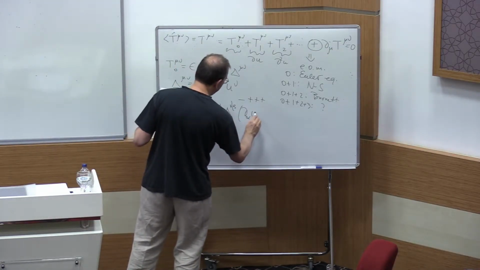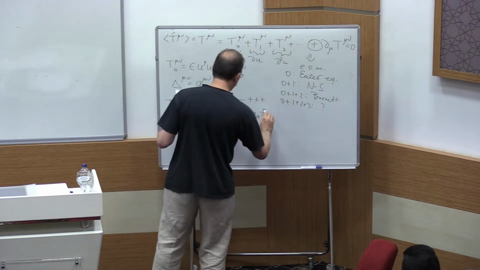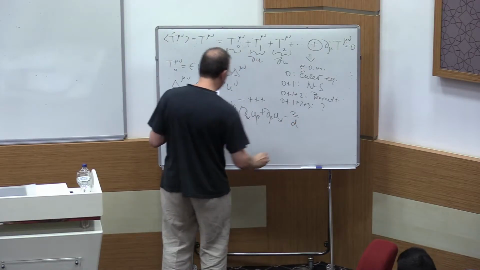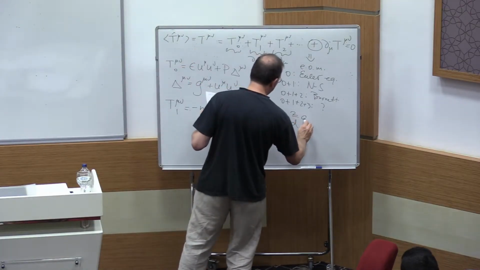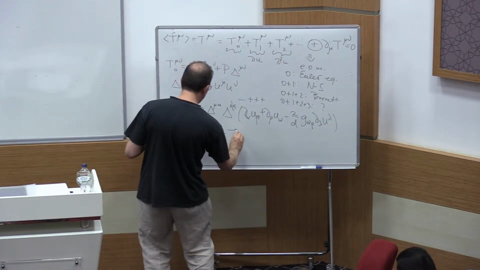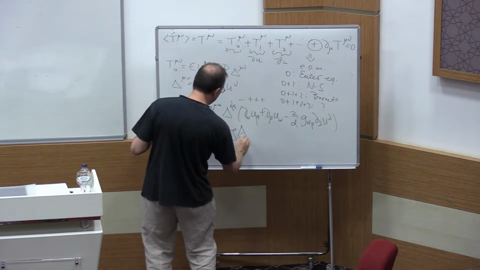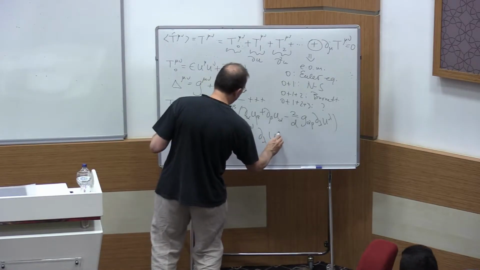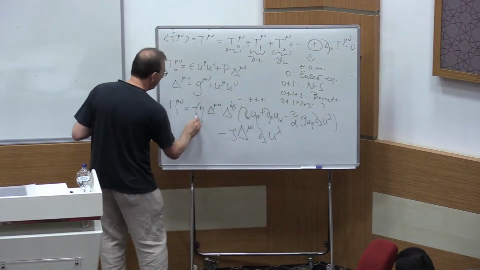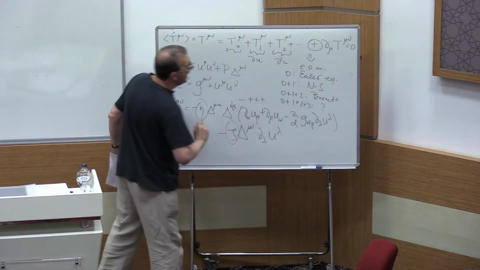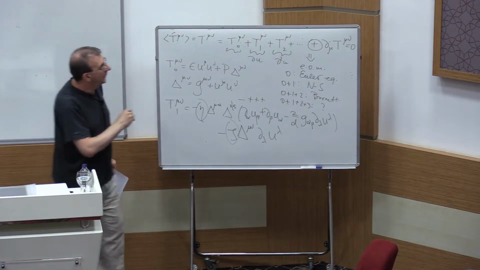So ∂_α u_β plus ∂_β u_α minus 2 over d, in d space-time dimensions, g_{αβ} ∂_λ u^λ, and then a second term which is a trace of this whole thing, and the trace of the whole thing is proportional to bulk viscosity ζ. So there are two transport coefficients, shear viscosity and bulk viscosity, that enter at order 1. And you can continue this, and you can construct this.